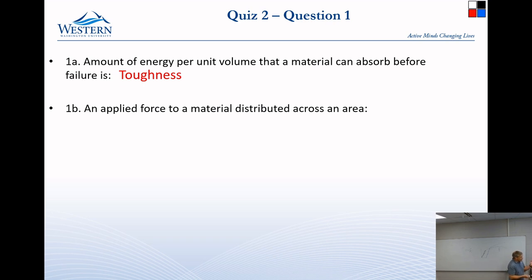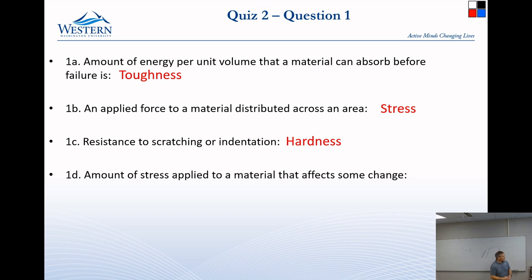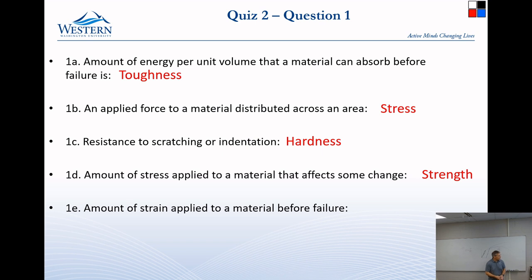An applied force to a material distributed across an area: stress, good. Resistance to scratching or indentation, we just talked about: hardness, great. The amount of stress applied to a material that affects some change: strength, that's right. And the amount of strain applied to a material before failure.